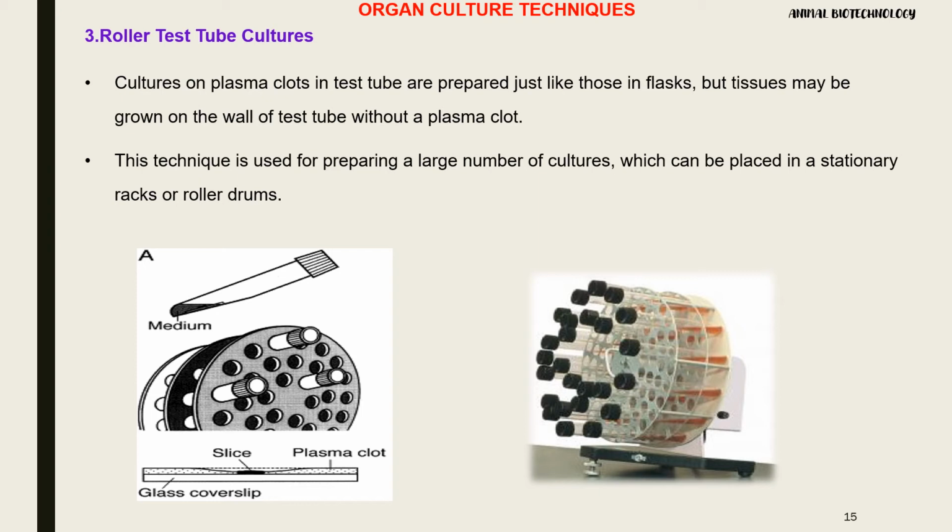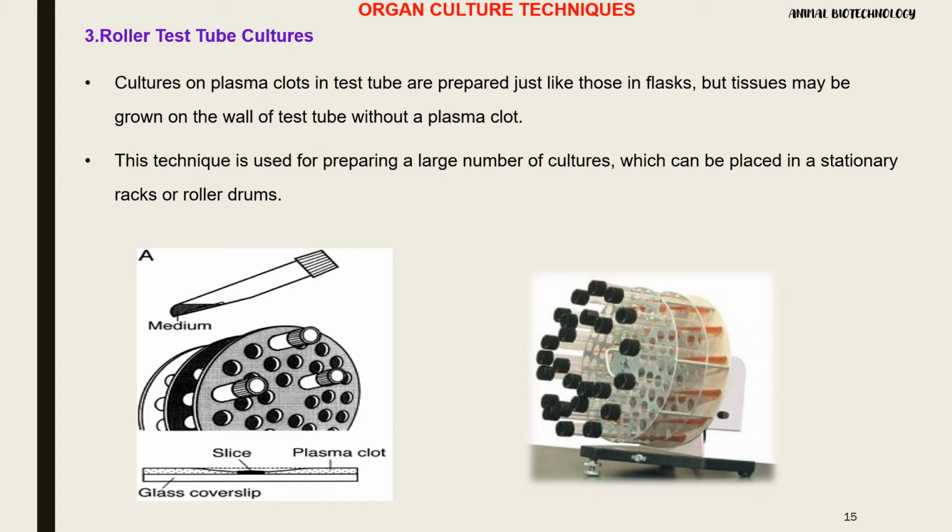Roller test tube cultures. These cultures are prepared similar to the flask cultures, except that the plasma clots are prepared on the walls of the test tube. In certain cases, the tissues may be grown on the walls of the test tube without the plasma clot.